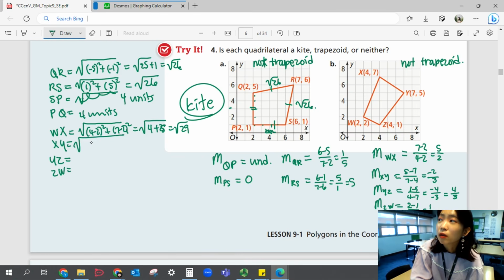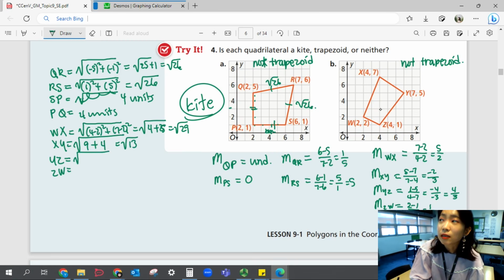XY, 7 minus 4 is 3, squared is 9, and then 5 minus 7 is negative 2, squared that is 4, so that's square root 13.